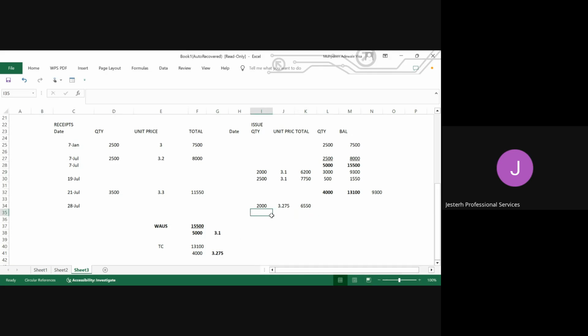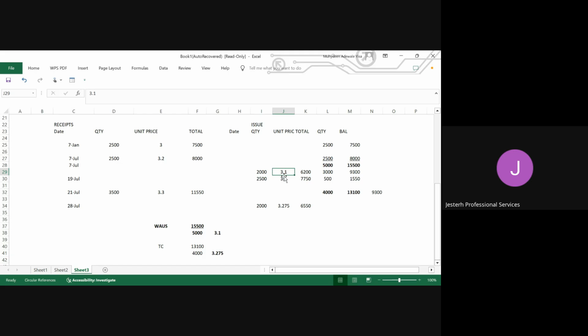So that is the reason why we are having different issue price per unit here. Unlike the FIFO where we have to use the price of what we have in the store before, and then the last in approach, we have to issue the inventories at the price of the new inventory that we bring into the store. But this one is totally different.